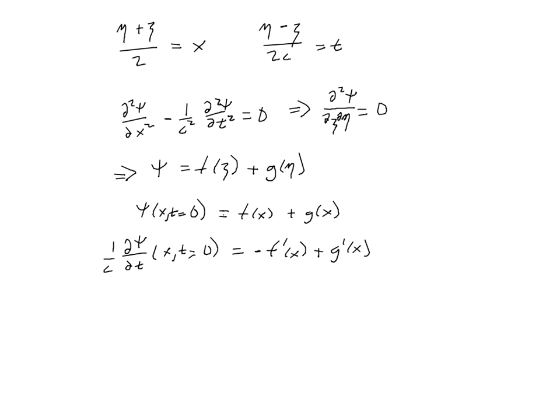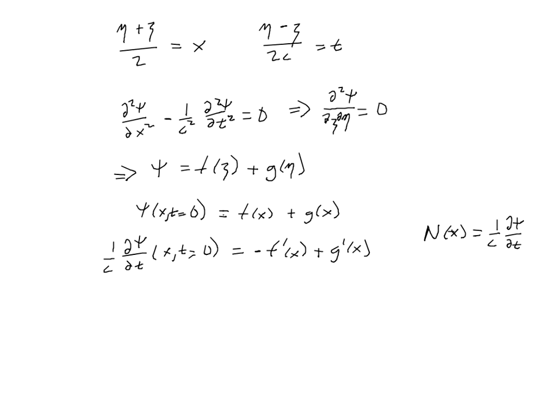The reason there's a negative here is because, remember, my normal derivative is equal to 1 over c times partial psi with respect to t. So this is effectively my normal derivative from before. I just took a derivative with respect to time, and then took time equal to 0.